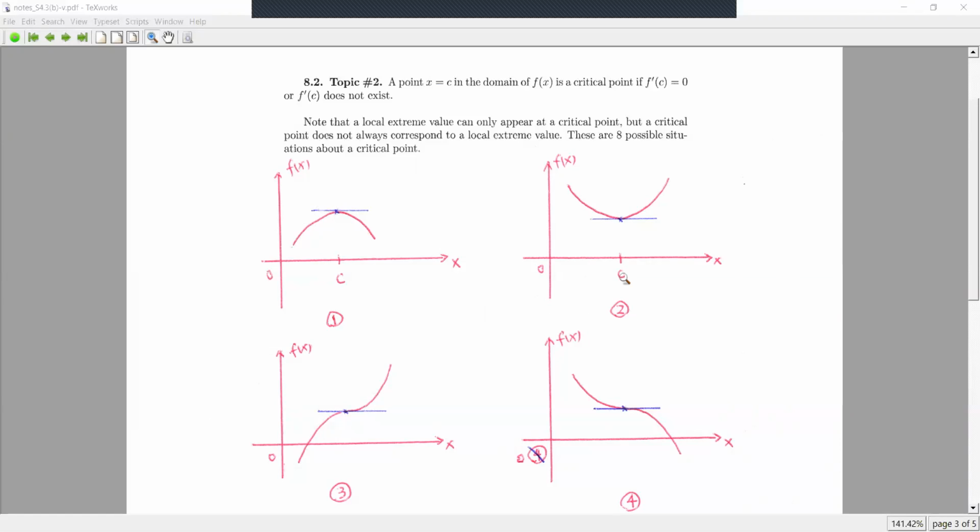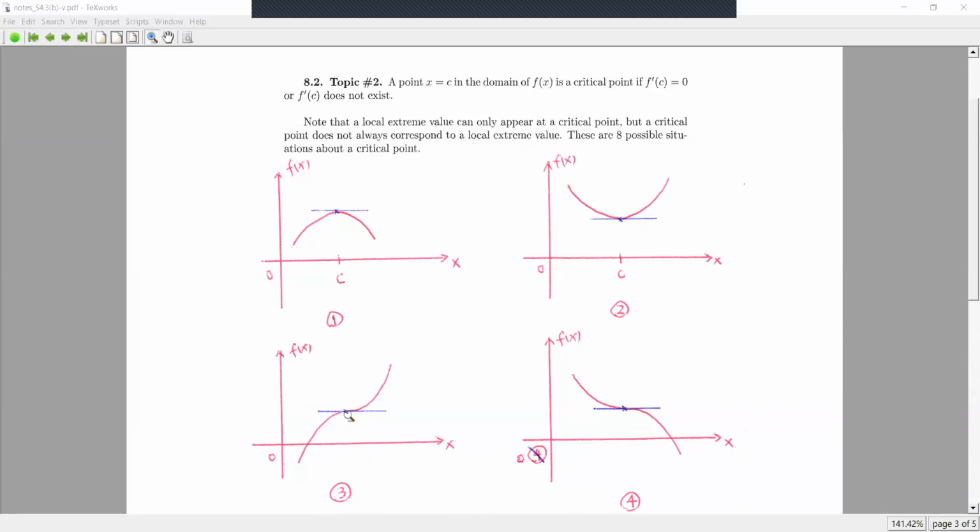Case 2: C is a critical point because the derivative at C is 0. In this case, the function has a local minimum. However, in case 3 and case 4, the function has neither a local maximum nor a local minimum.